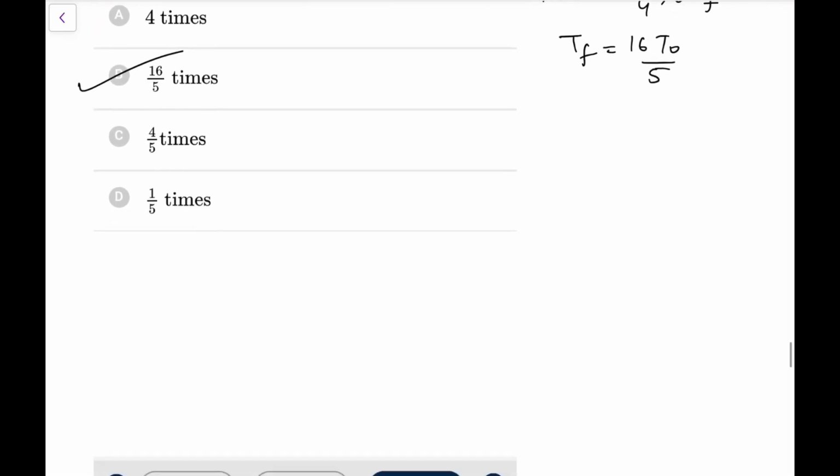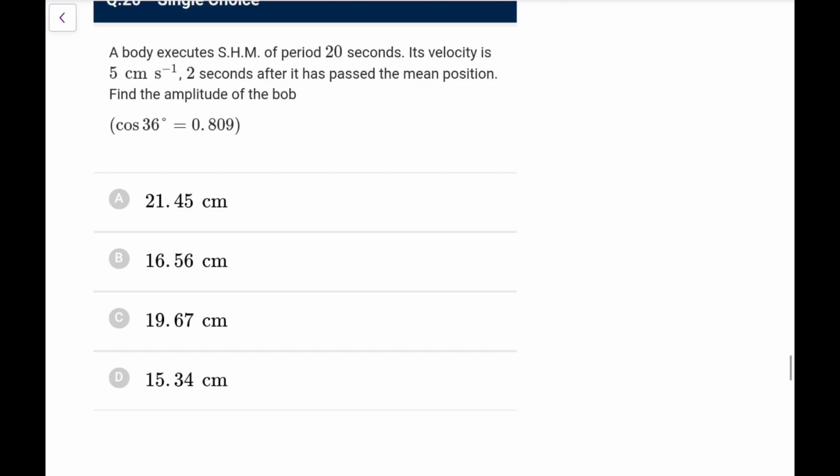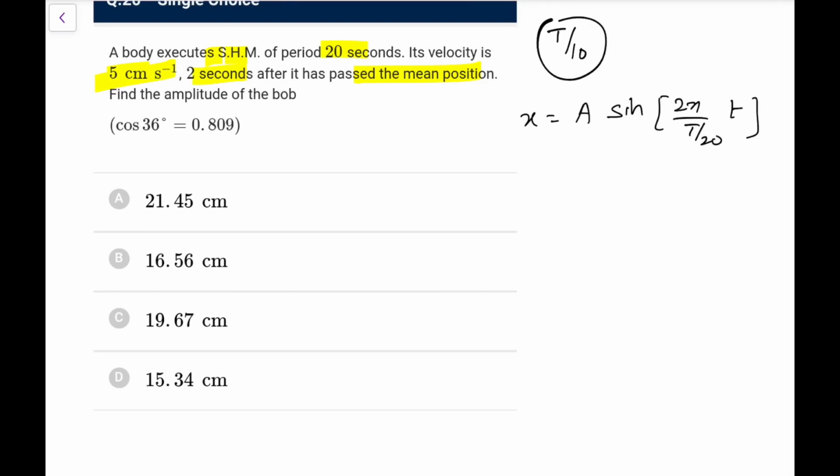Nice question here. Next one. A body executes a SHM of 20 seconds, its velocity is 5 cm per second, 2 seconds after it has passed the mean position. So 2 seconds you can make out as T by 10. Because it is passing from the mean position, let me write it as A sin omega t, where omega is 2 pi by T, so that means 2 pi by 20.